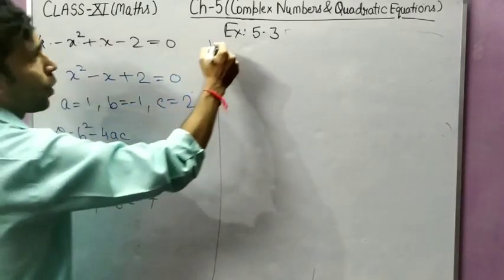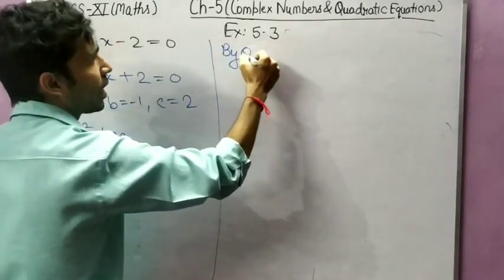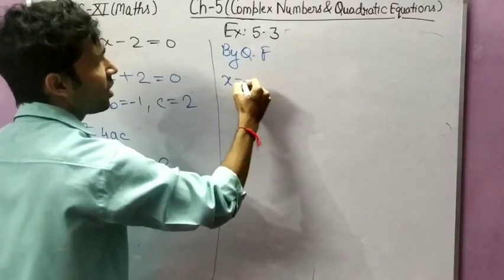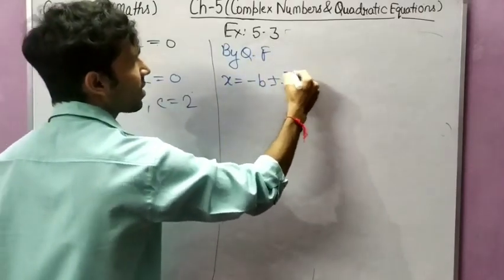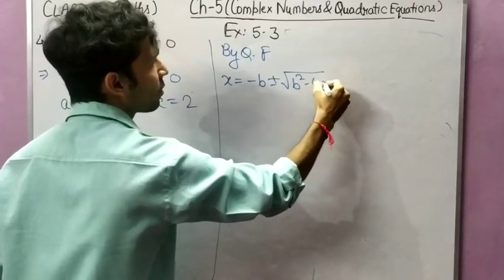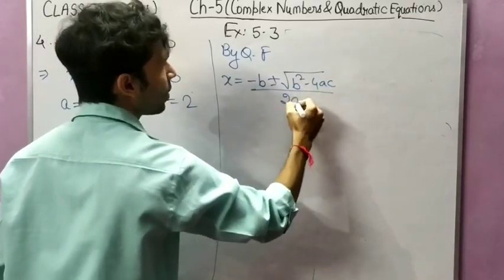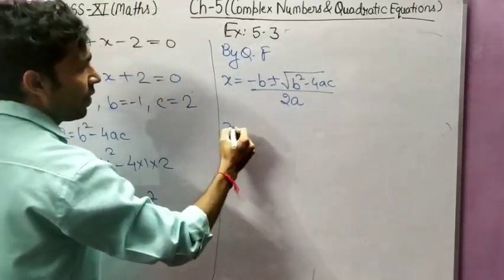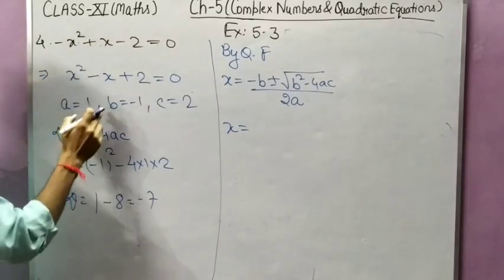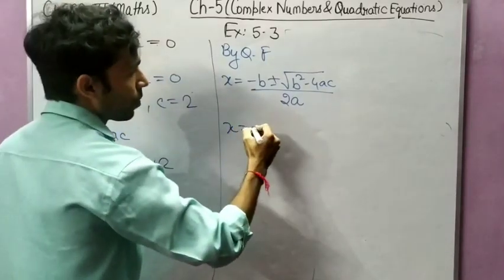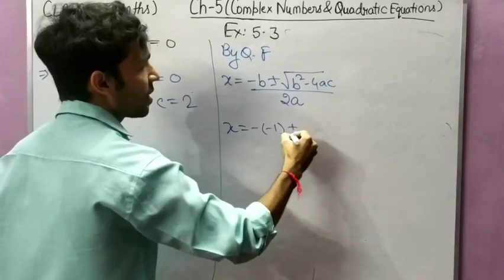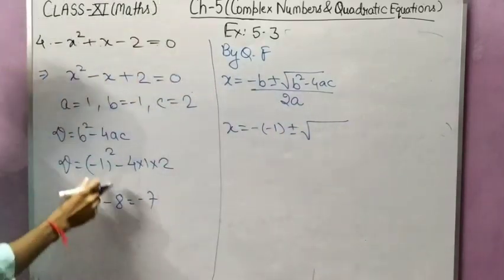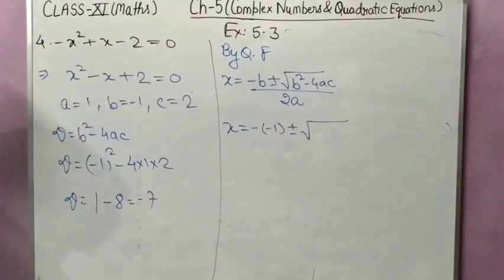So by quadratic formula x is equal to minus b plus minus under root b square minus 4ac upon 2a. So put all the values. So x equal to, the value of b is -1, so minus into -1 plus minus under root, and the value of b square minus 4ac student we have already calculated, that is -7.